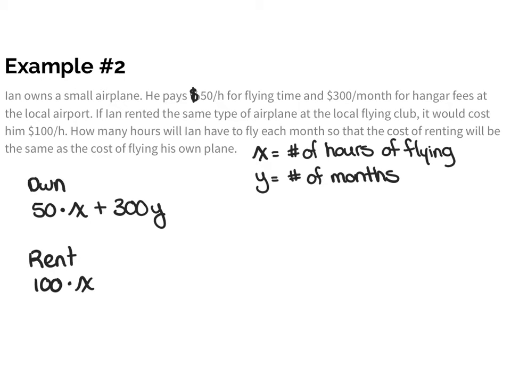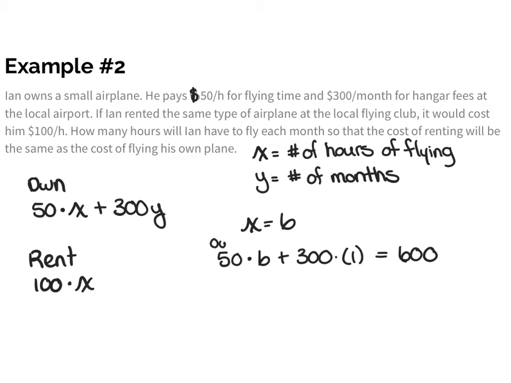And so what one of you did was try different numbers, and you came to the conclusion that maybe x would be 6. We tried a couple of different ways, but in the end, the own one, 50 times 6 plus 300 for 1 month, came out to 300 plus 300, which was 600.